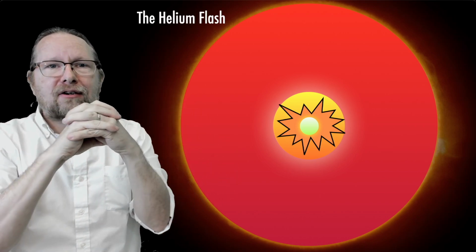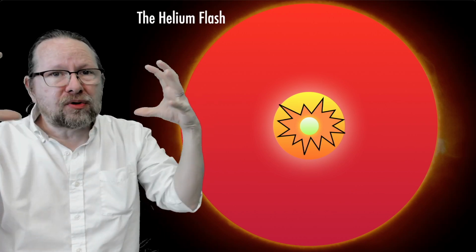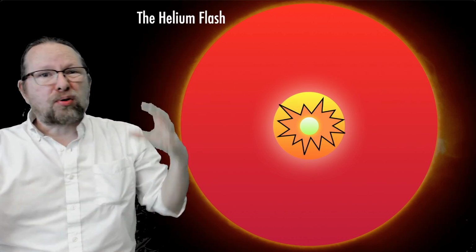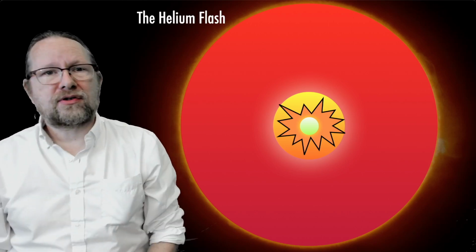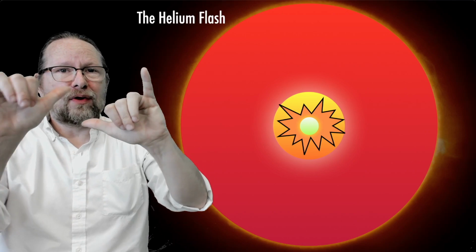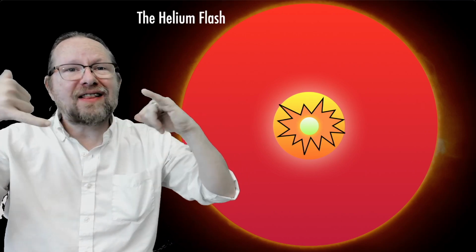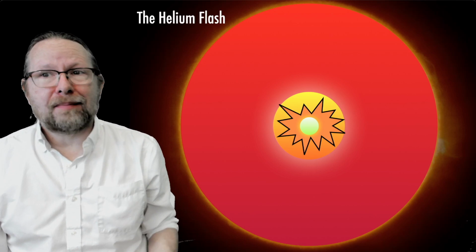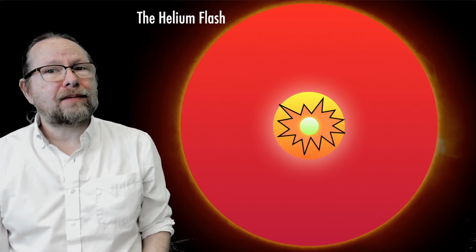I can really squeeze this matter together. Gravity pulls everything together. And now, that pressure in the core of the sun will get high enough that these heliums, with 2 protons each, are squished together hard enough that they can start to fuse together. This event that will happen in about 5 billion years is called the helium flash.